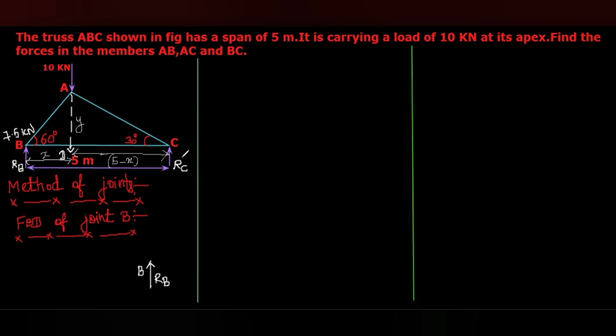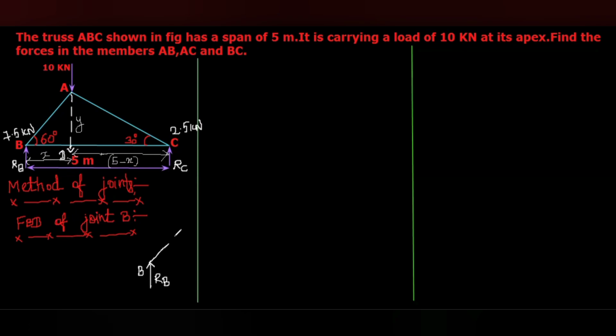The value of RC is 2.5 kilonewton. So here RB, an upward force, is acting. Then tension in the member AB with respect to the point B.